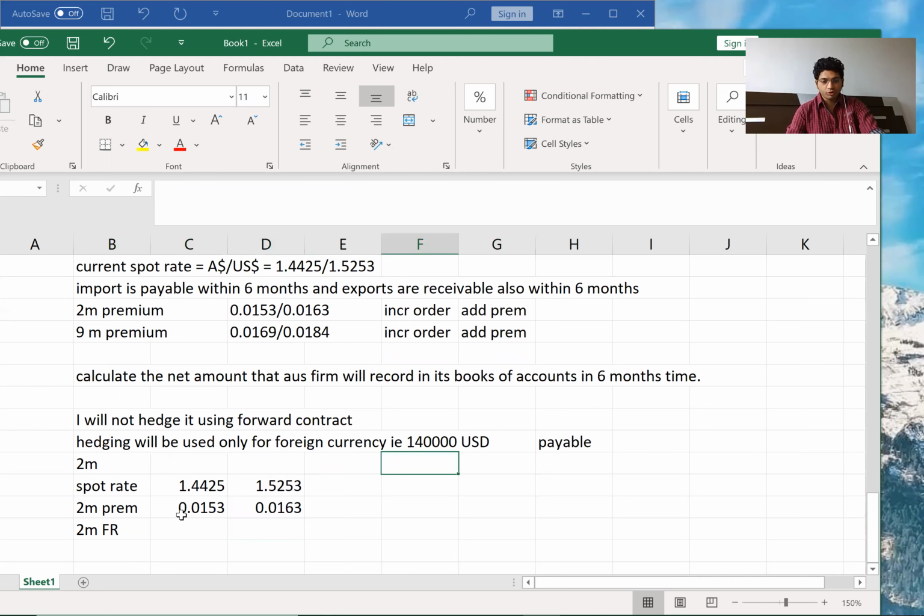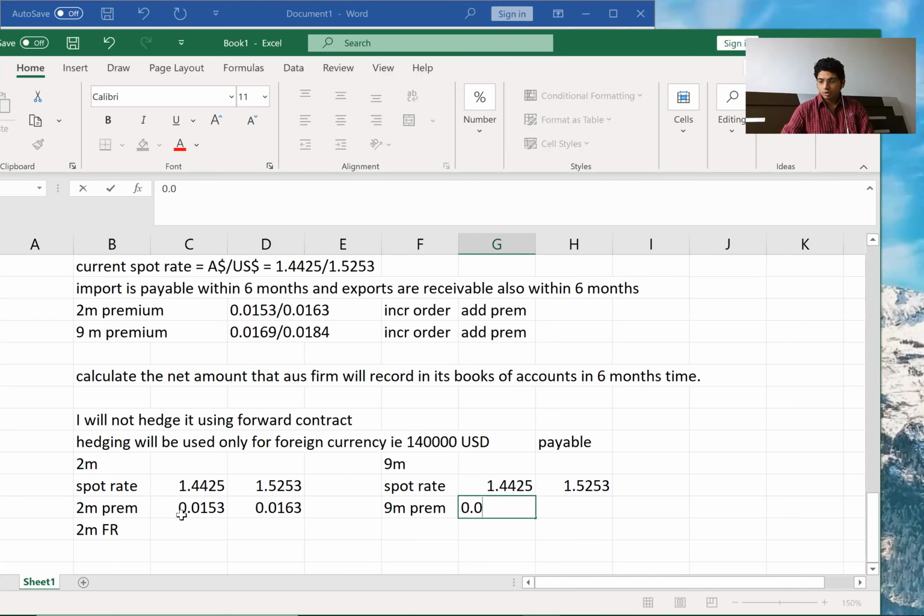Similarly, I'll do it for 9-month also. The spot rate remains the same: 1.4425 and 1.5253, correct? And my 9-month premium was given as 0.0169 and 0.0184, correct?